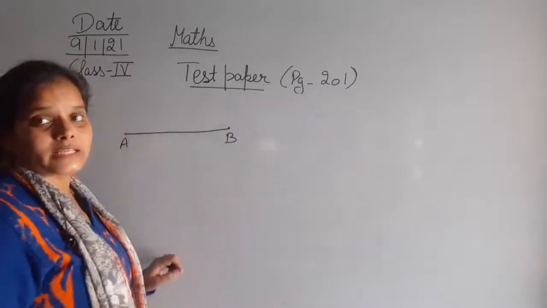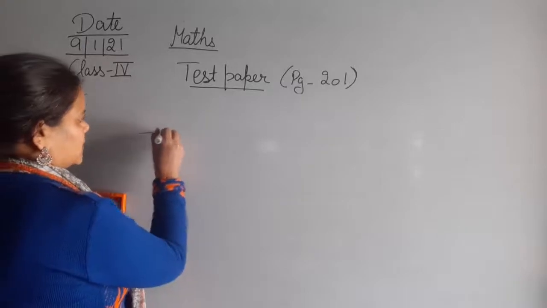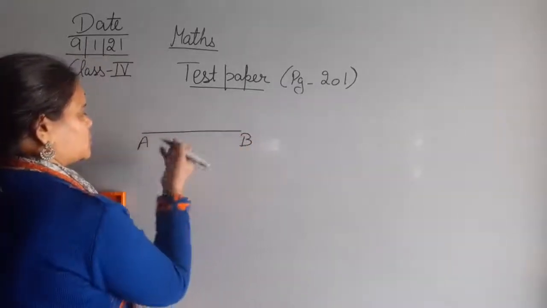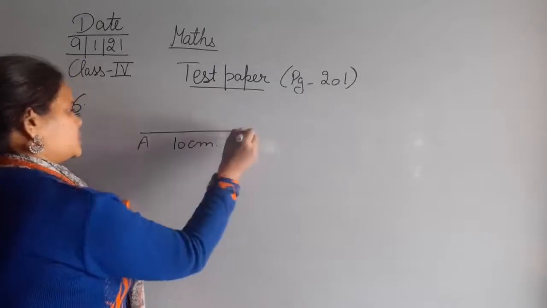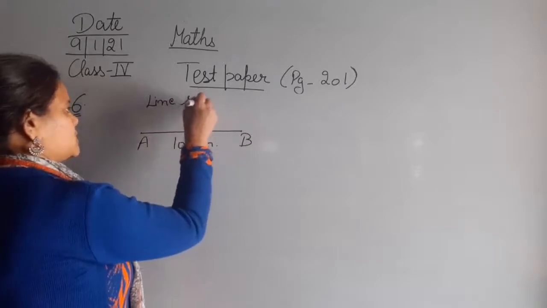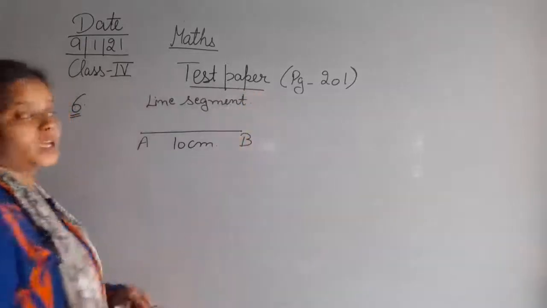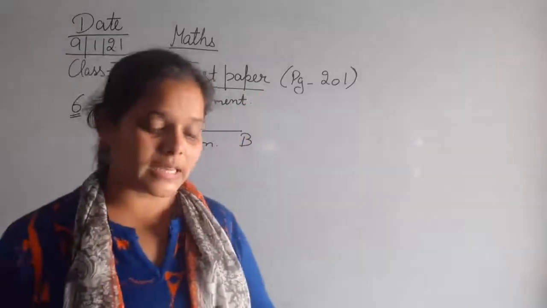So this is the line segment that I have drawn, A and B, and suppose it is 10 centimeter. So the question is that how many lines of symmetry does a line segment have?